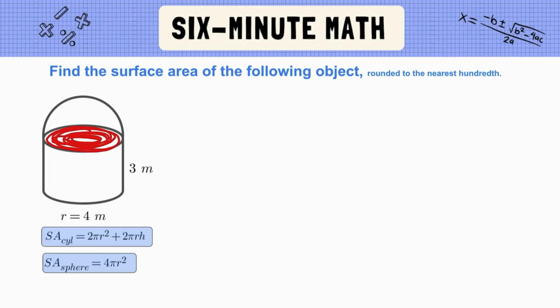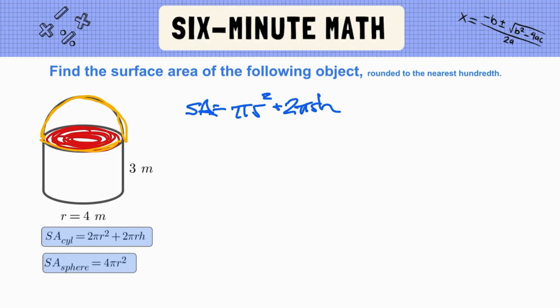So I'm going to write a new formula for me. This is going to be the surface area. Total surface area is one of the circles, pi r squared, plus the lateral side of 2 pi r h. Then I am looking for half of this sphere. Here in yellow, I am only looking for half of the sphere.